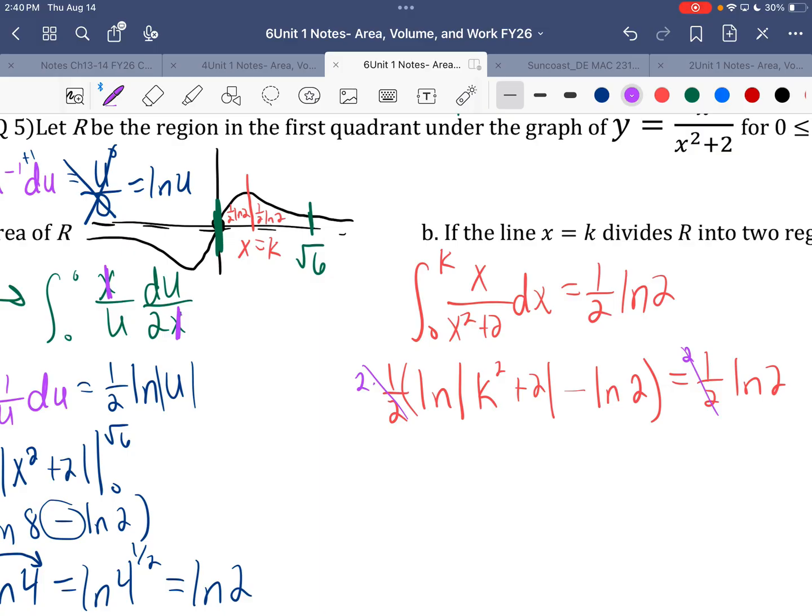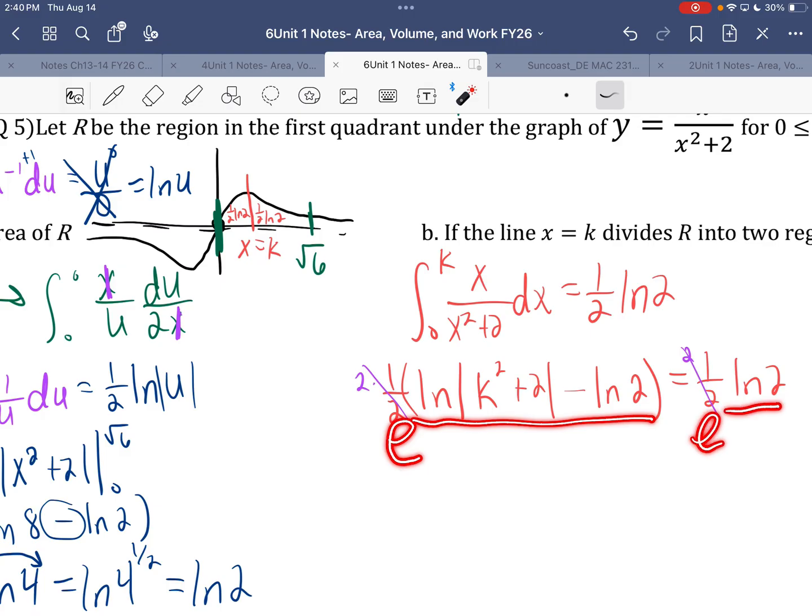And here's another thing I saw people doing, which I was like, great, you have a good instinct, but you're not doing the algebra pre-calculus correctly. At this step, if I exponentiate, so do e, I'm raising this entire thing to the exponent of e, and this entire thing to the exponent of e.